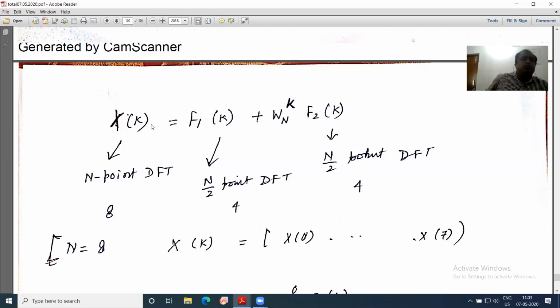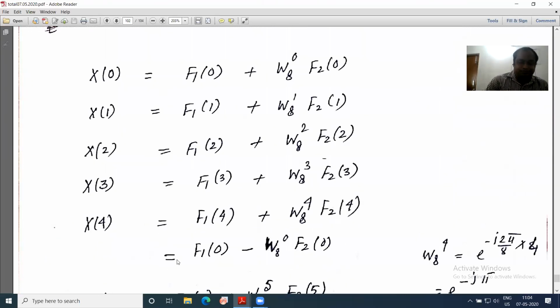I have to know V11 of N. I have to know V12 of N. I have to know V21 of N. I have to know V22 of N. Unless we know this, I cannot compute. Right? Now we'll try to know that.